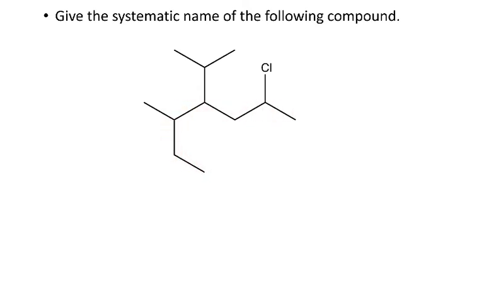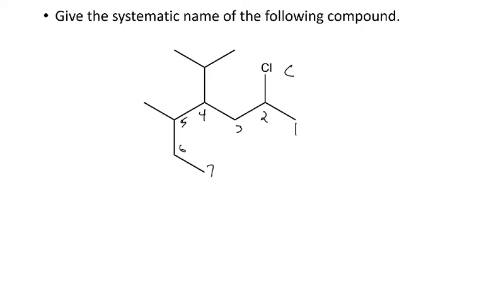So I need to start numbering from this end or this end. If I start numbering from this end, then my first substituent, this methyl, would be at 3. This end, the chlorine, would be at 1. So this end gives the lower number to the first substituent. So this is going to be my carbon 1. So I have 1, 2, 3, 4, 5, 6, 7.